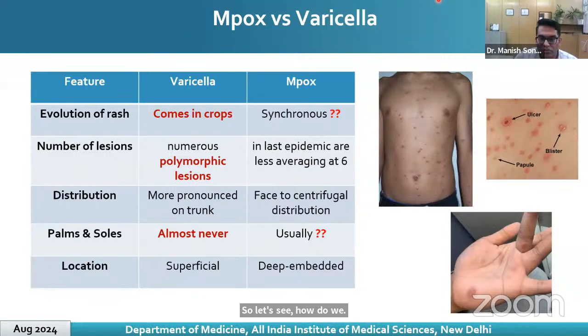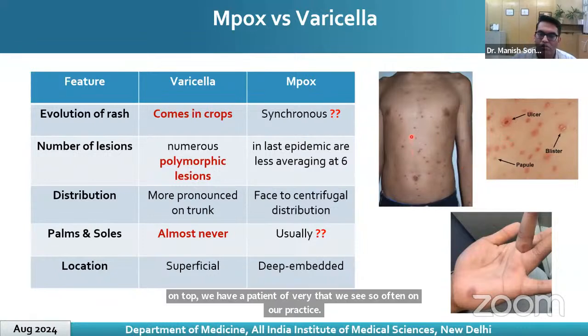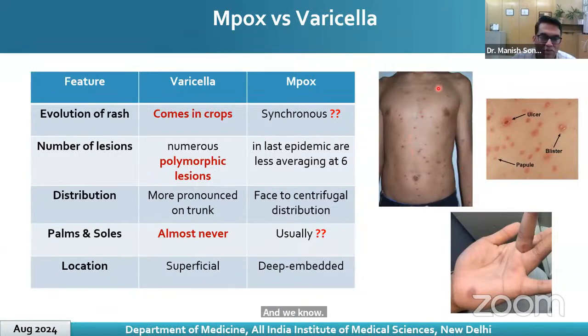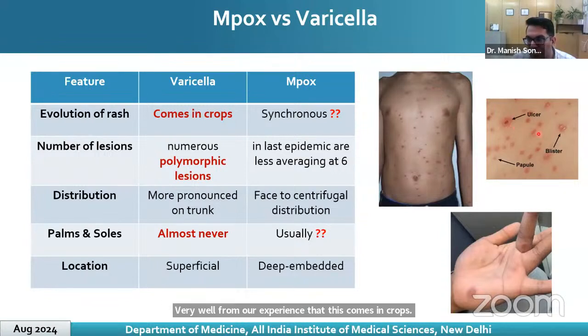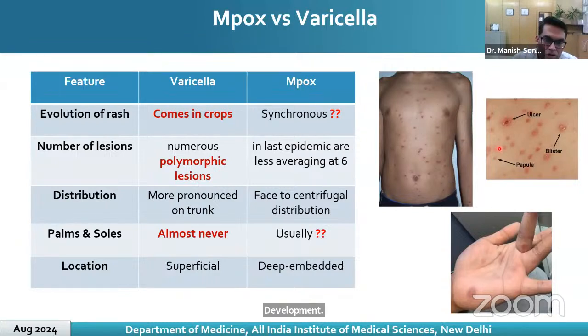identify these patients. So this is monkeypox versus varicella. On top, we have a patient of varicella that we see so often in our practice, and we know very well from our experience that this comes in crops. These are polymorphic lesions. The lesions are at various phases of development, and palms and soles are almost never affected in varicella. This is different from what we have seen in monkeypox.